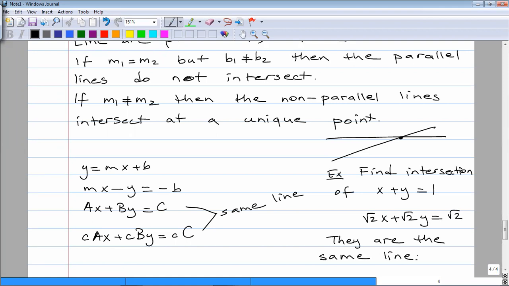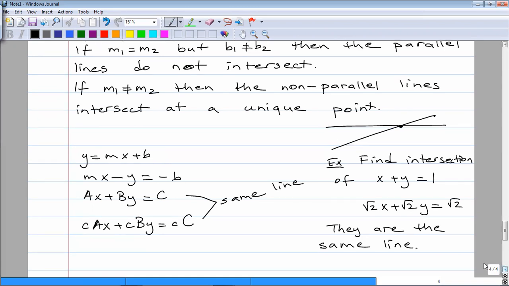So they intersect at infinitely many points. They are, what do you call, identical. Identical. So they intersect at infinitely many points.